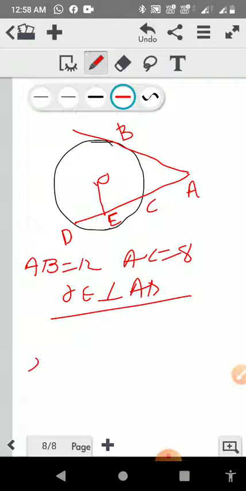Though this problem looks complicated, it is actually very simple. Here we have to use the most important concept, which we keep discussing: the tangent secant segment theorem.